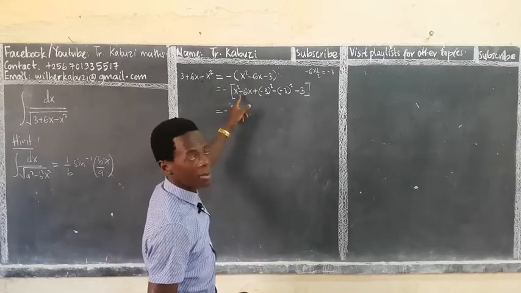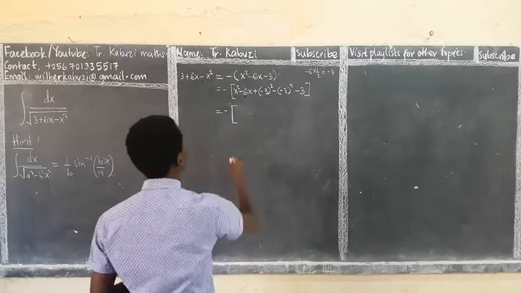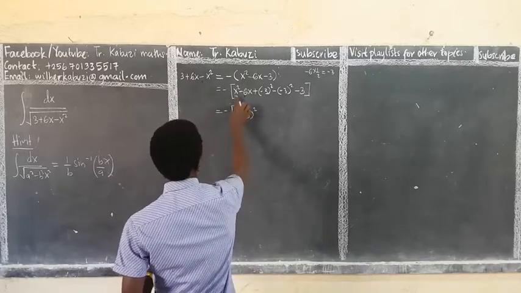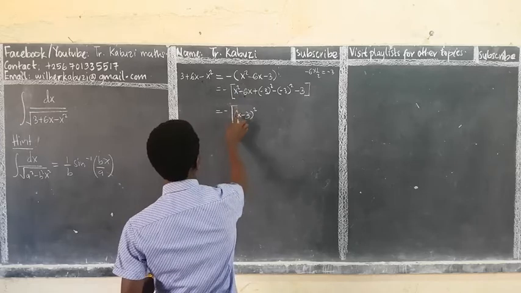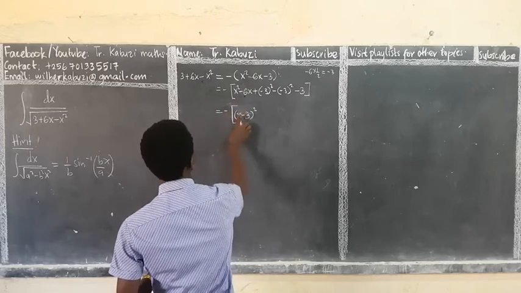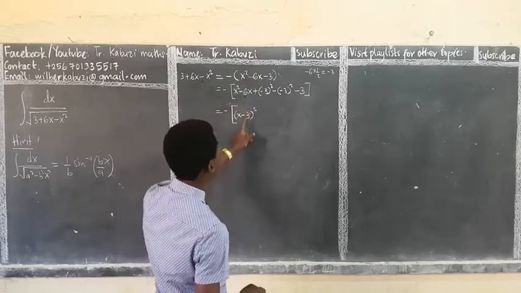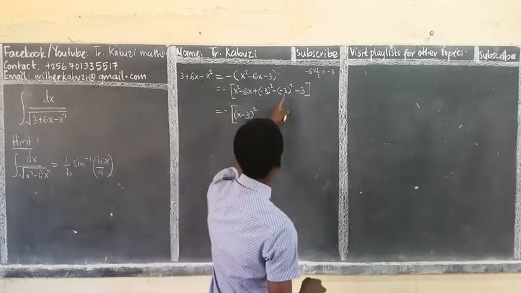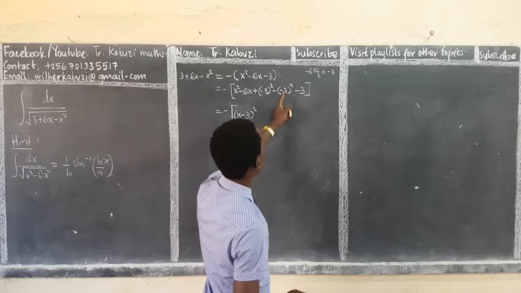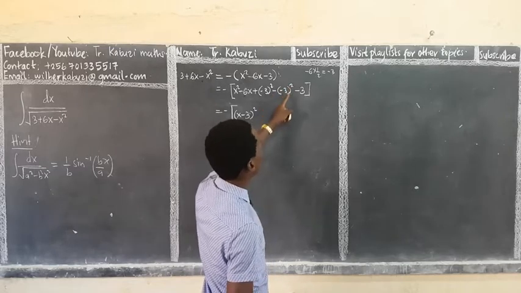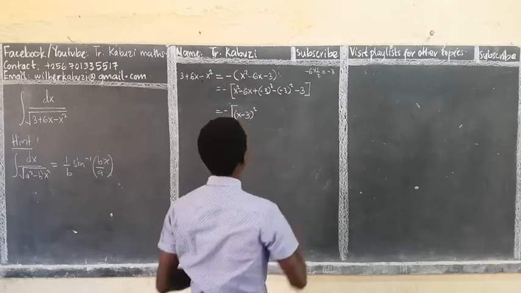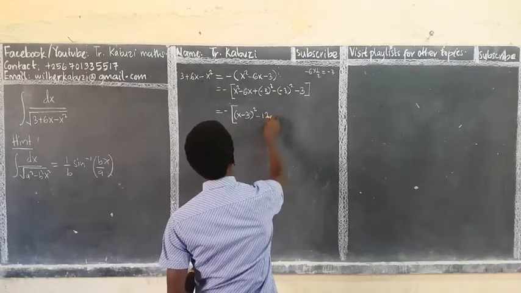And so from there, you can see this is the same as negative into the whole of this. This is a perfect square, we can write as x minus 3, the whole squared. If I expand this, I square the first term, then 2 times the product, then square the last term. So when you simplify this, when we square negative 3, we get 9, and with the negative 3, we shall get negative 12.